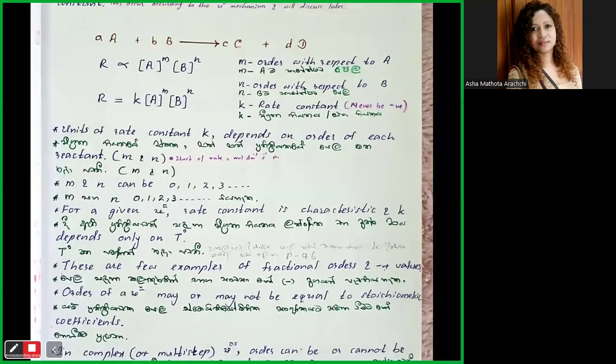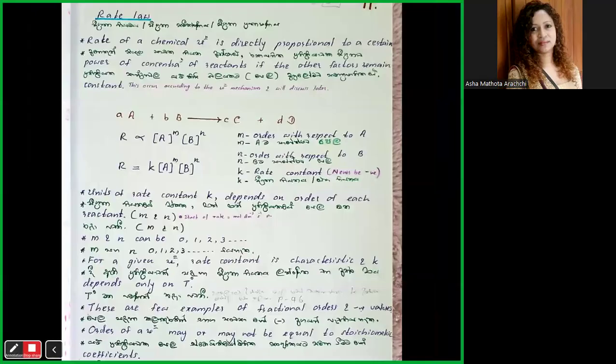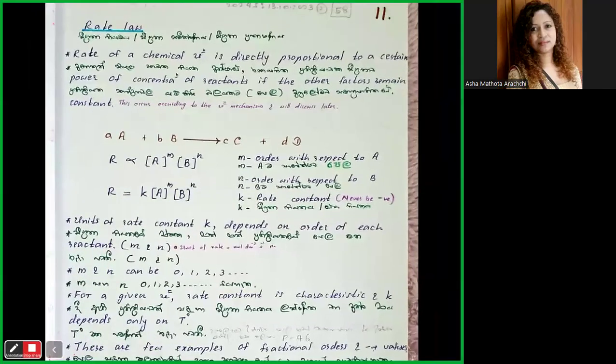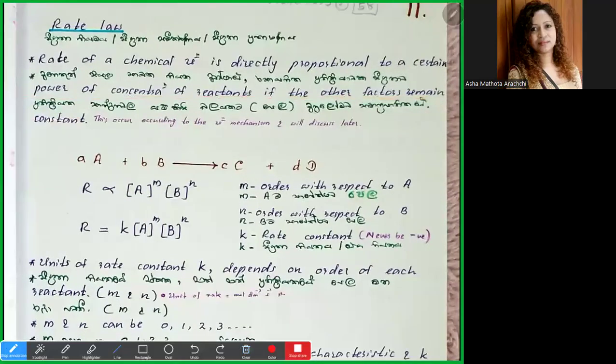Tashmi, we just started from this rate law, okay? Units of rate constant K depend on the order of each reactant, within brackets, M and N. Without the first part, this is a little harder to understand.